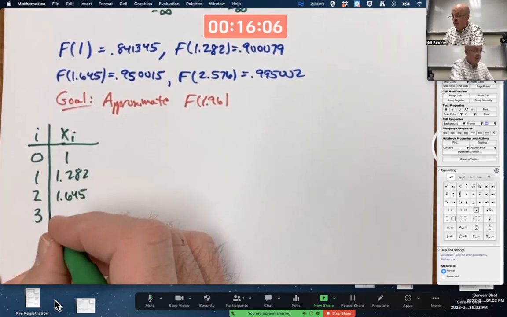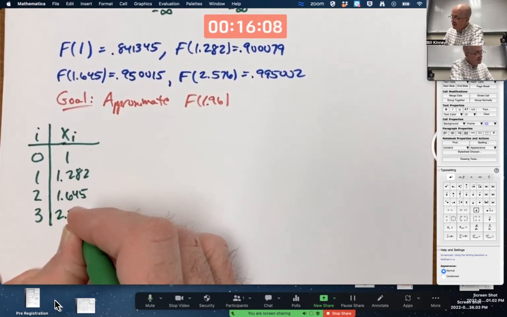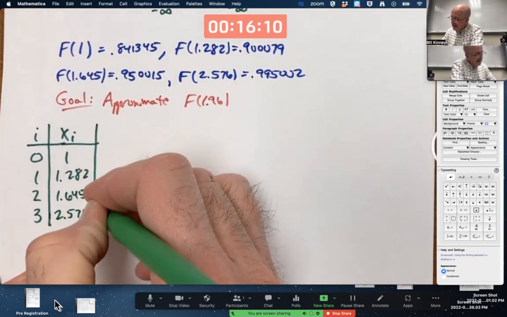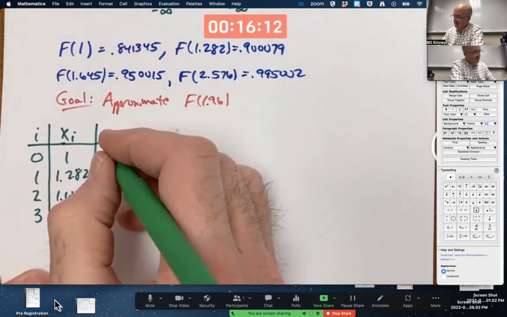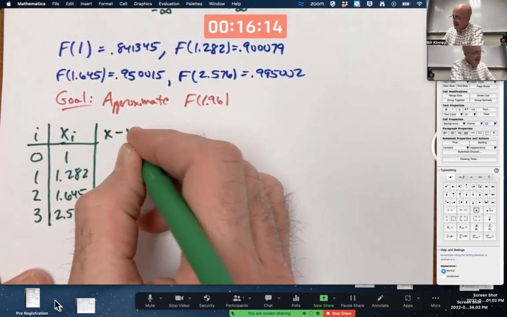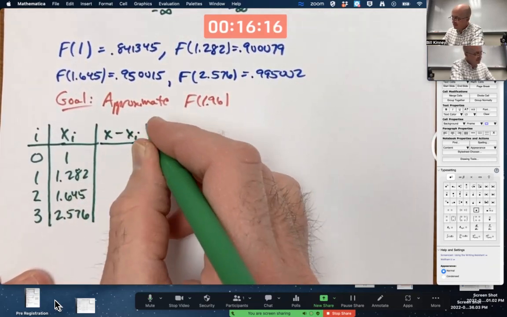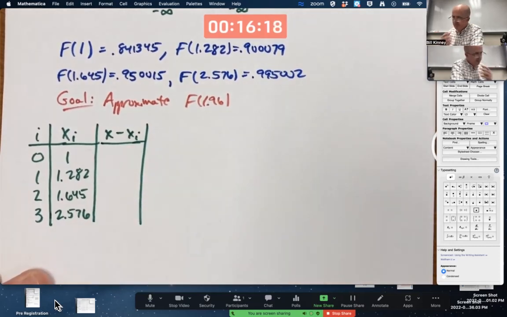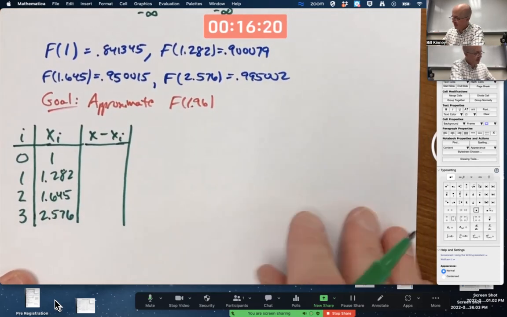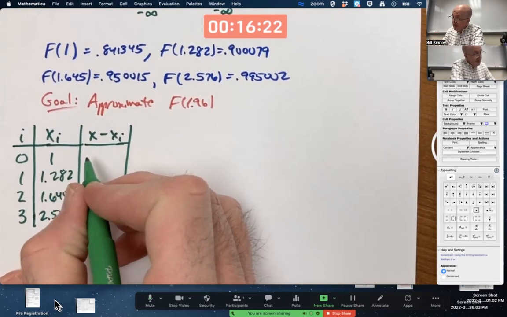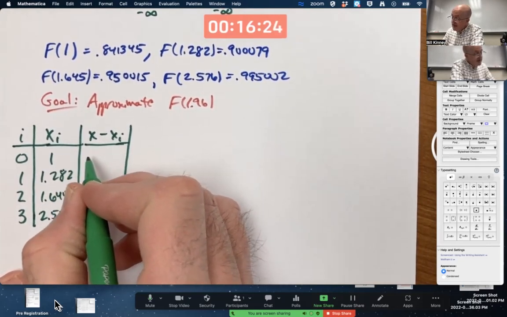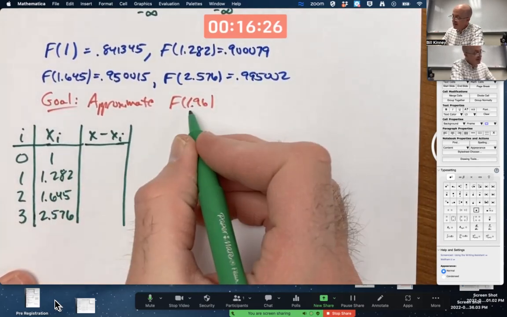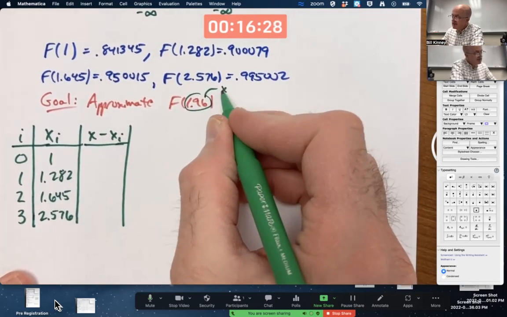Third node, which is really the 4th node, is 2.576. X minus xi was the next column. Not sure if I'm making these small enough. I'm going to run out of room on my paper. Let's see what happens here. X, what is X? X is 1.96. That's going to be our X.